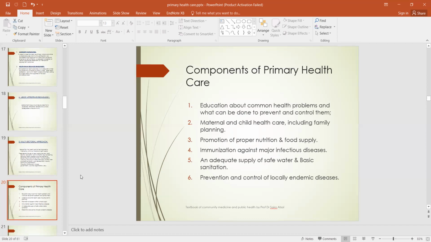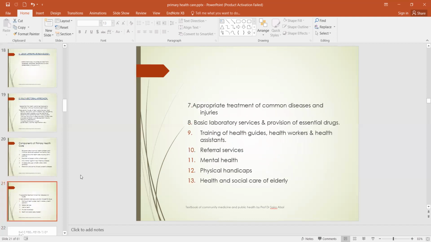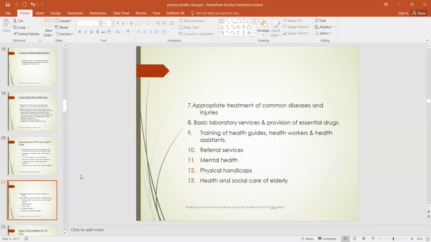Maternal and child health care, including family planning, promotion of proper nutrition and food supply, immunization against major infectious diseases, adequate supply of safe water and basic sanitation, prevention and control of locally endemic diseases, appropriate treatment of common diseases and injuries, basic laboratory service and provision of essential drugs, training of health guides, health workers, and health assistants. Referral service is one of the strong components of primary health care.